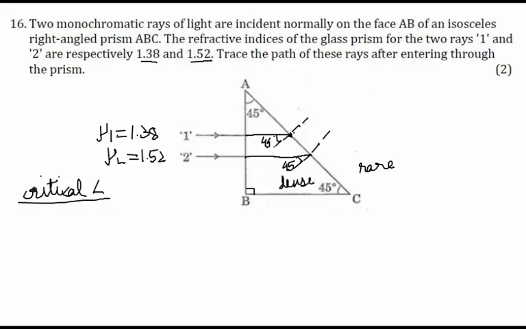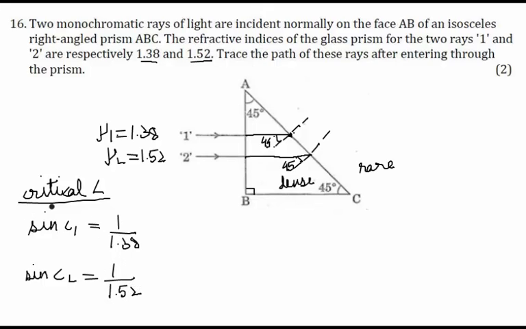For the first refraction, we can write sine C1 equals 1 upon mu1, 1 upon 1.38. For the other, sine C2 will be equal to 1 upon 1.52.